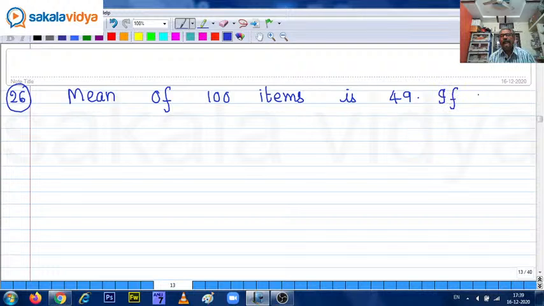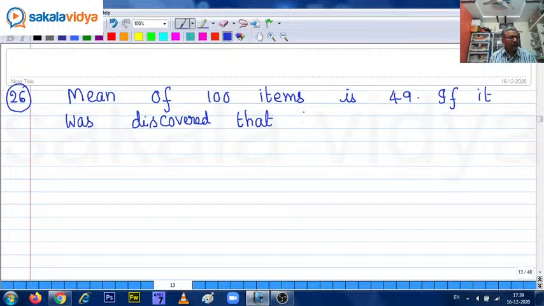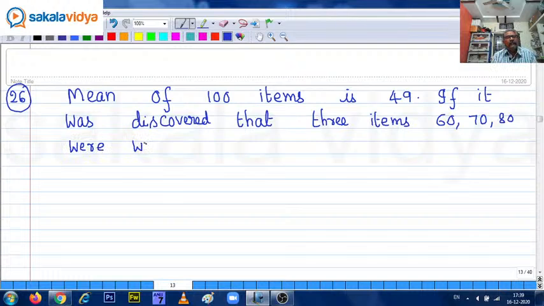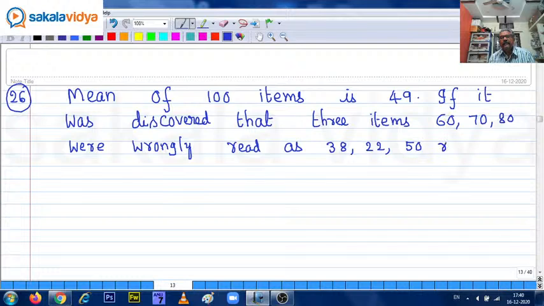If it was discovered that 3 items 60, 70, 80 were wrongly read as 38, 22, 50 respectively.